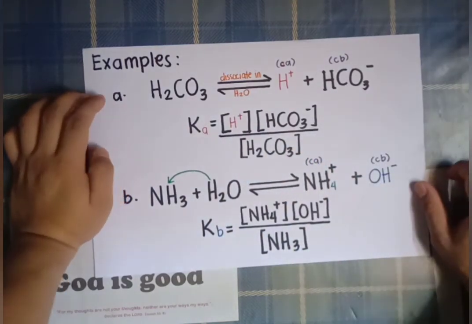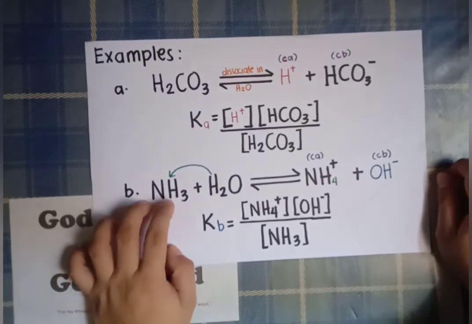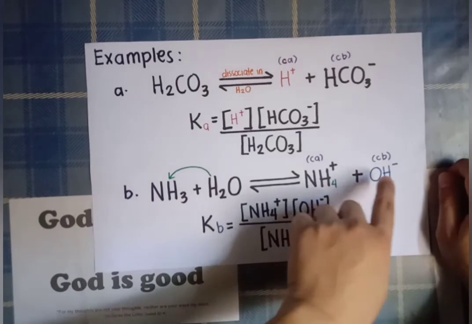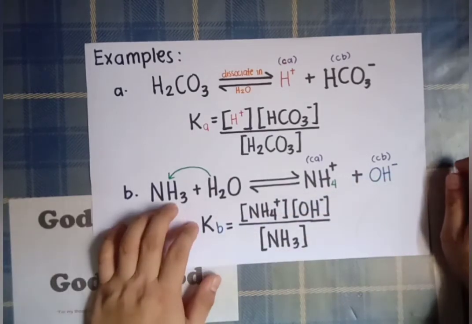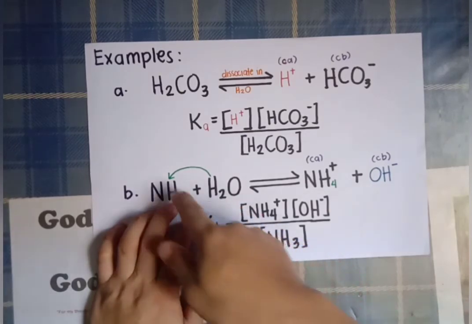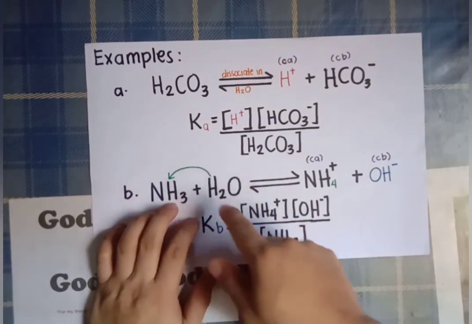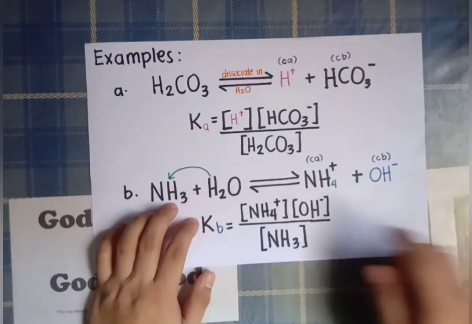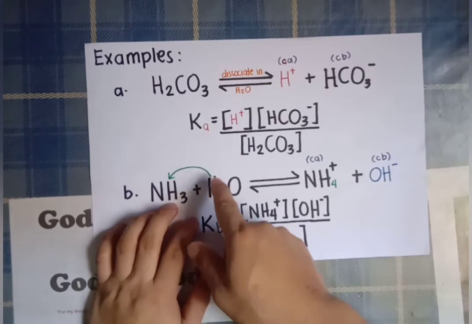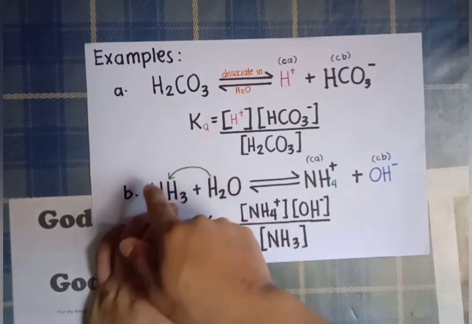Okay. Now for letter B, we have here ammonia plus water will yield to ammonium ion plus hydroxide ion. Now in this case, ammonia is considered a base, and since ammonia is a base, then water will act now as an acid. Now as an acid, water will donate hydrogen to the NH3.